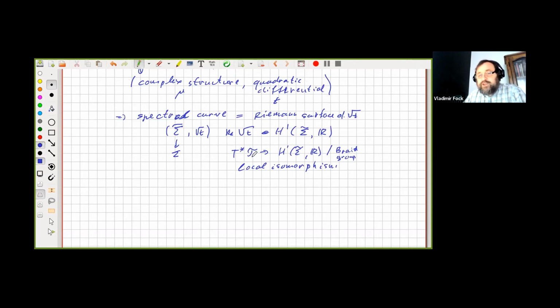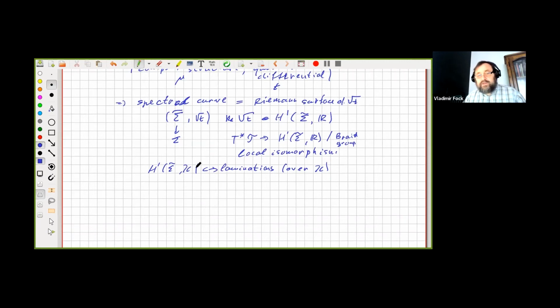Of course, there are points which correspond to H1 of sigma tilde and Z. This is the same thing as a lamination over Z. Because if you have H1 of sigma tilde and Z, it corresponds to the one-form alpha, which is the real part of square root of T.